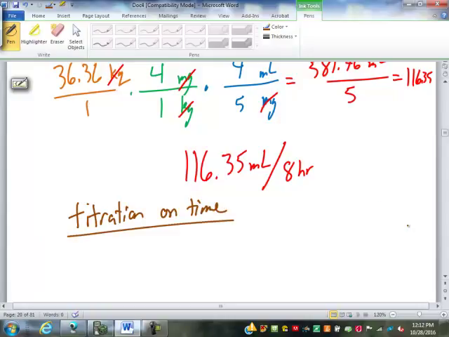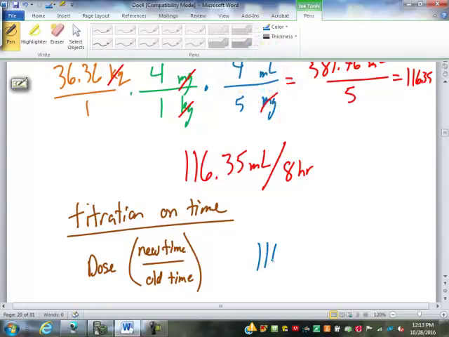If we're doing a titration on time, it's going to be our dose times the old time on bottom, the new time on top.